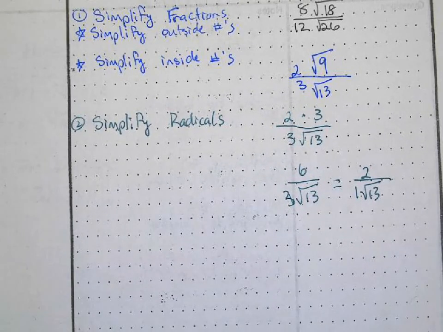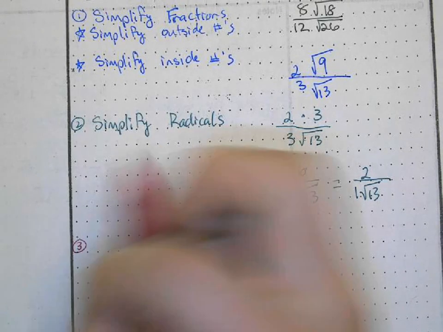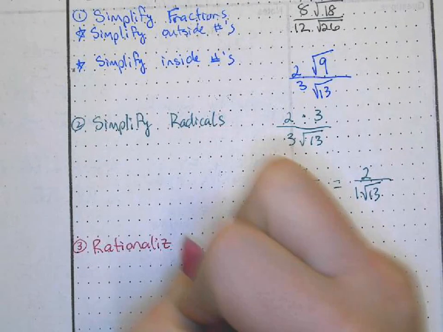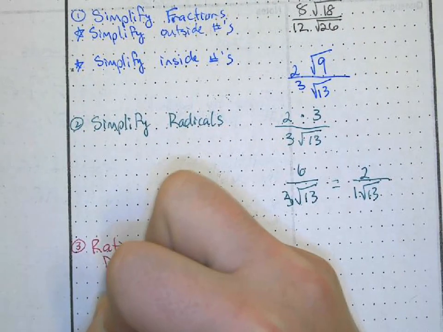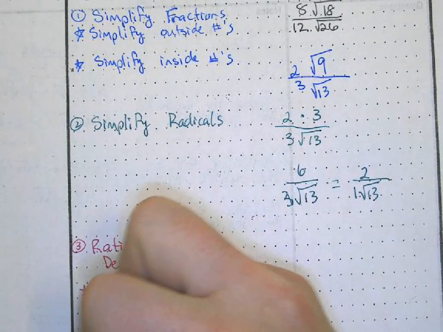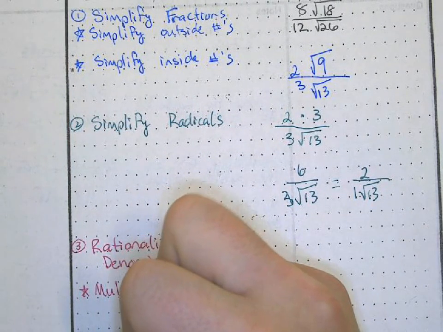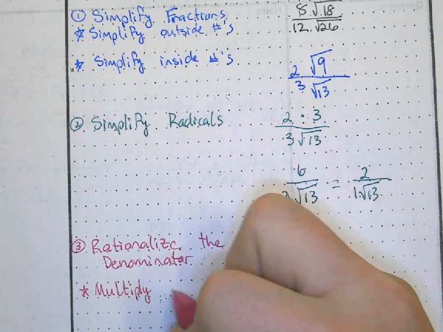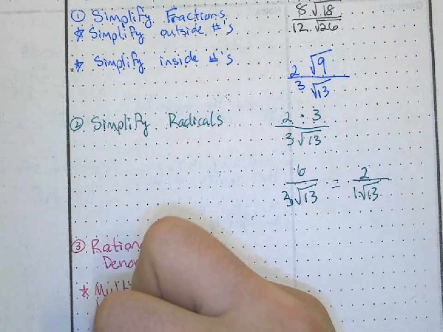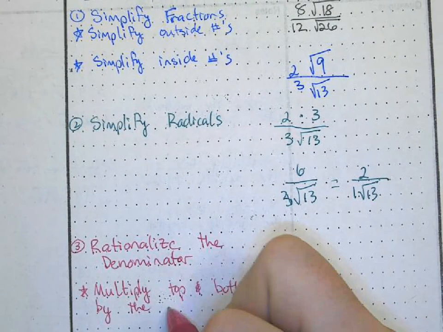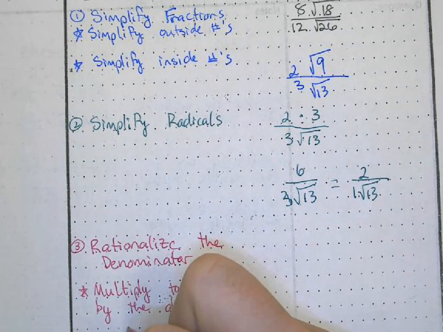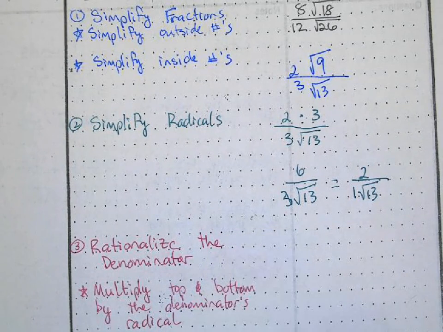And the last step, kind of like our new words, is rationalize the denominator. Multiply top and bottom by the denominator's radical.